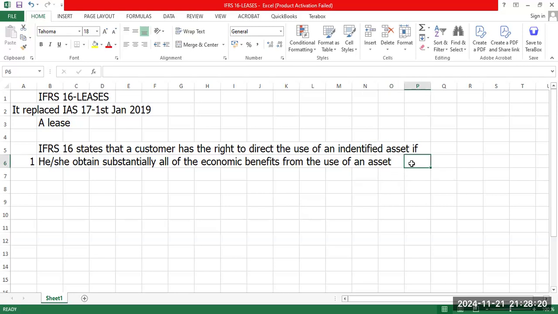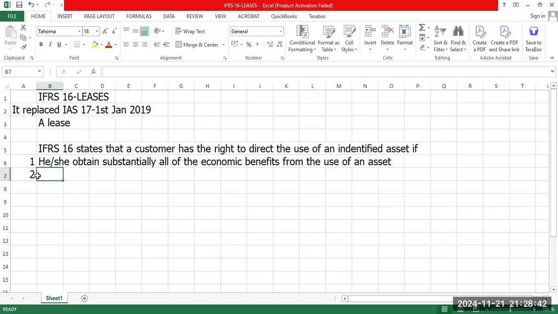If you use an asset, are you the one going to receive money? That's what we mean. If you can be the one receiving the benefit from the use of an asset, then we can say that you have direct control over that asset.